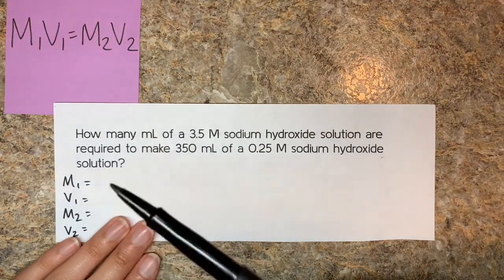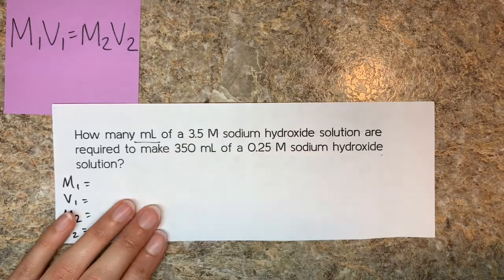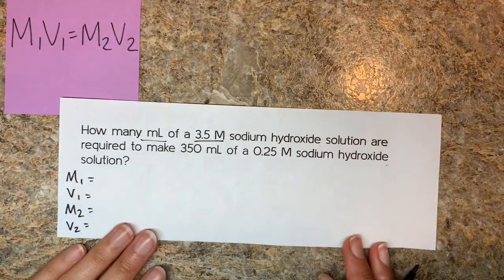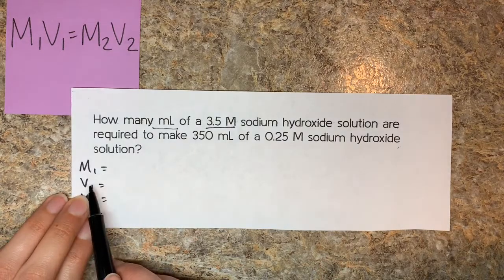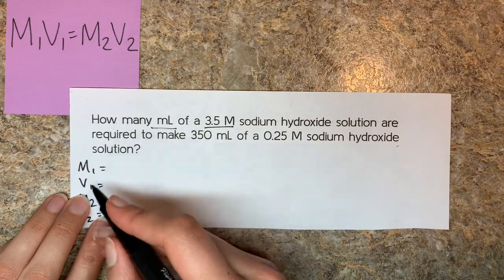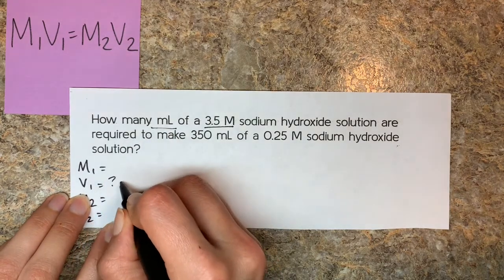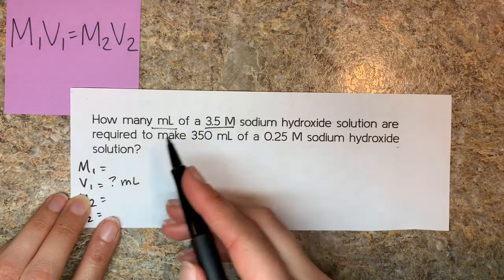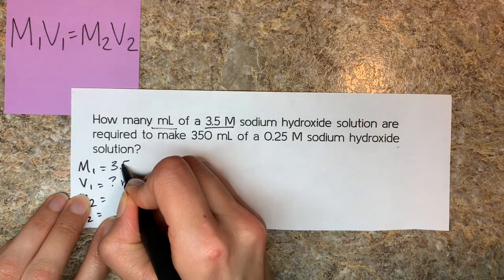Meaning these values, the milliliters I'm supposed to calculate, and the 3.5 molar, those are for my initial solution. So I'm being asked to find V1 in milliliters, and this 3.5 molar is my M1.